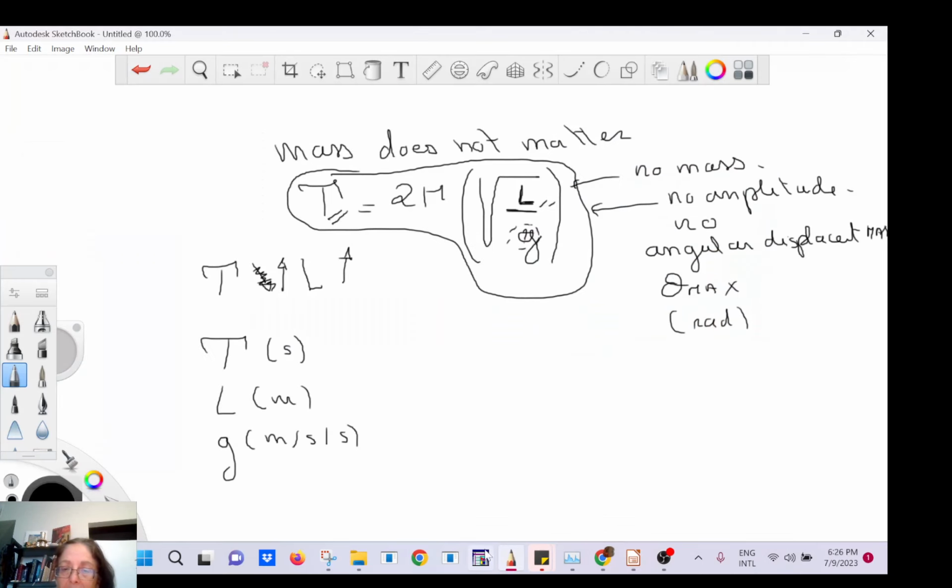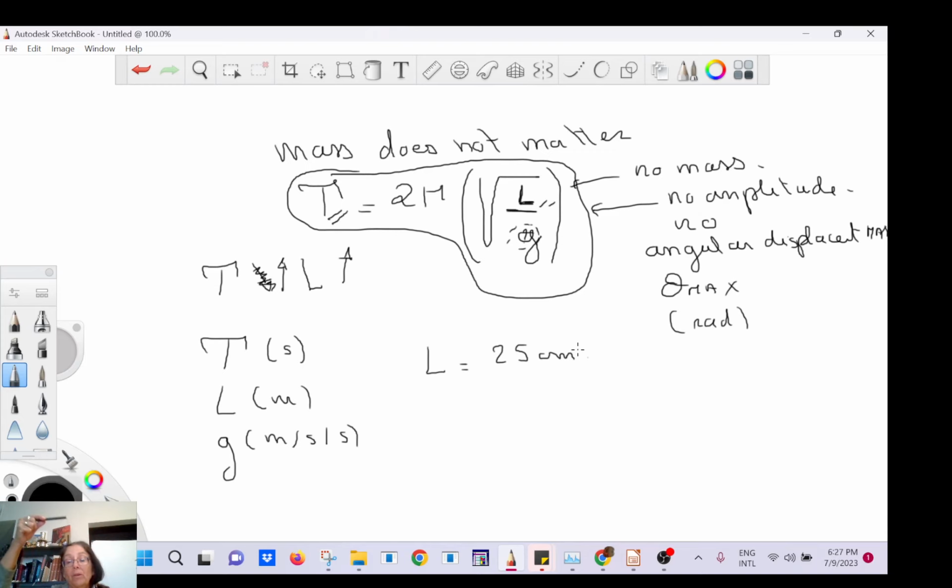And the rule to remember is simple. If the length is 25 centimeters, so you take a string and you make it 25 centimeters. I don't have a ruler here, but if it's about 25 centimeters, and you have a weight there, the period will be exactly 1 second.